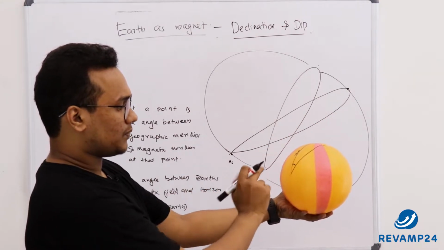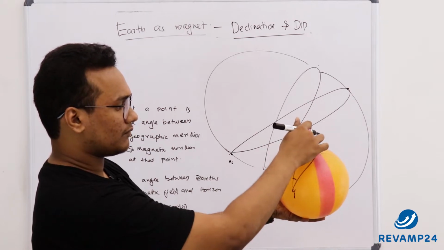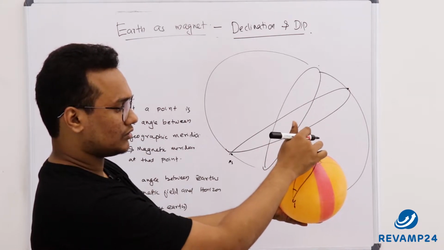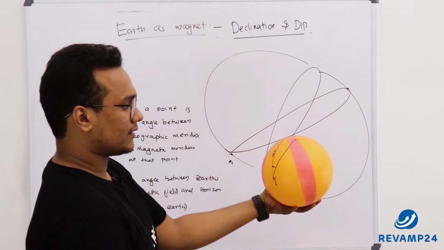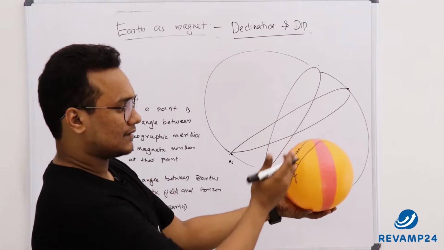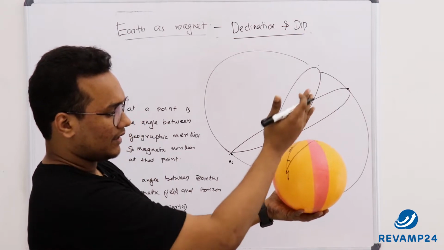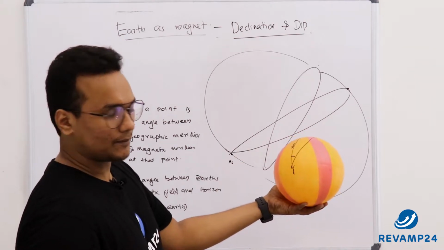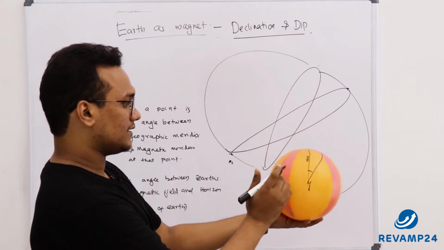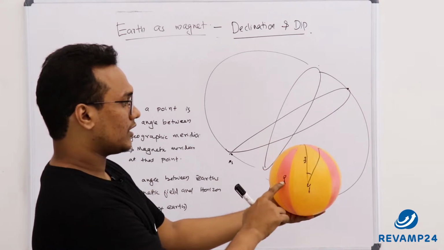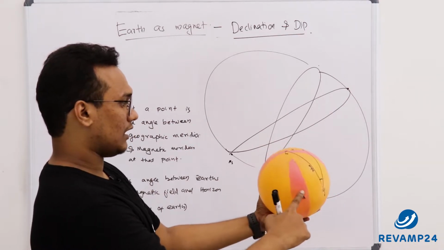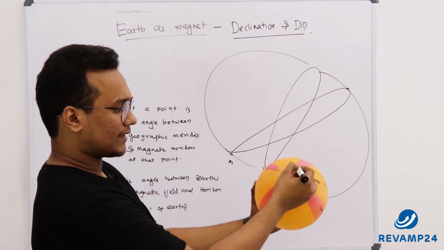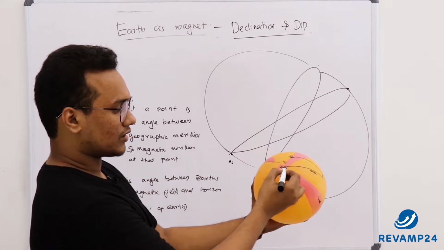You may have some confusion here, but I will clear it up. For this person, when he is looking at geographic north and magnetic north, he can see these two directions, and we get the meridians and can calculate the angle. Now let's say the person is here. This is magnetic north, this is geographic north.